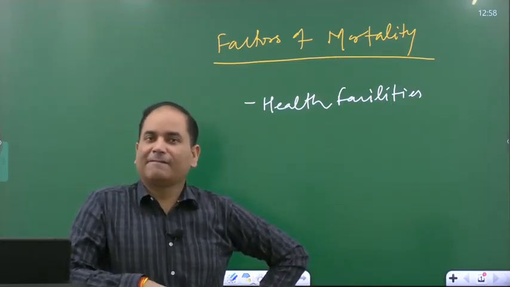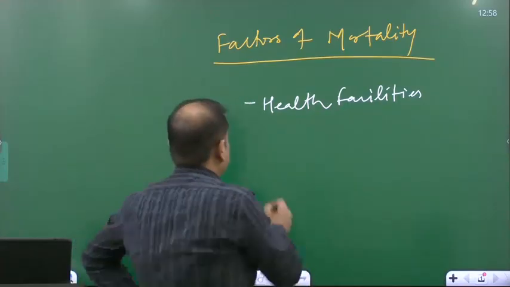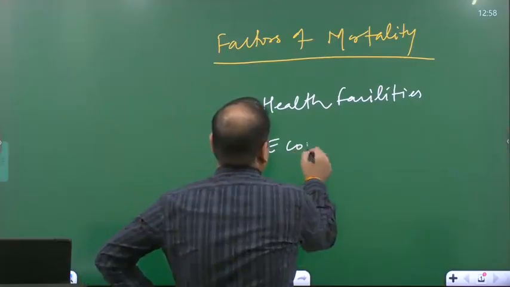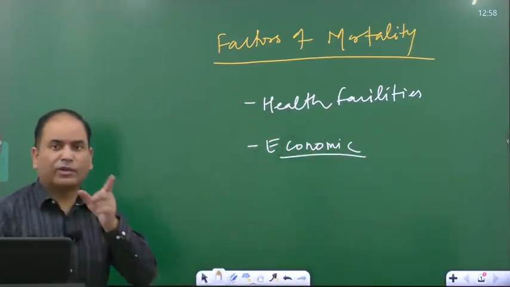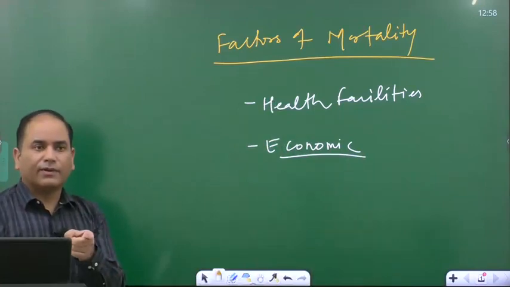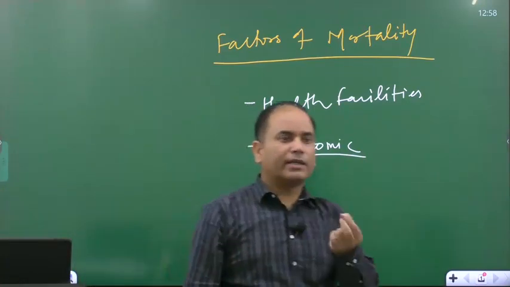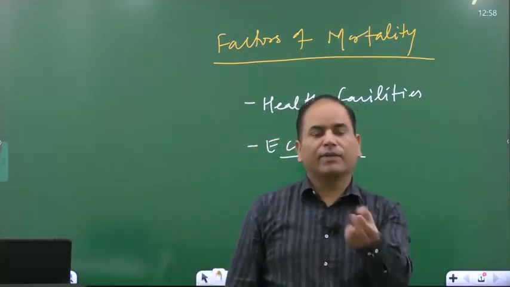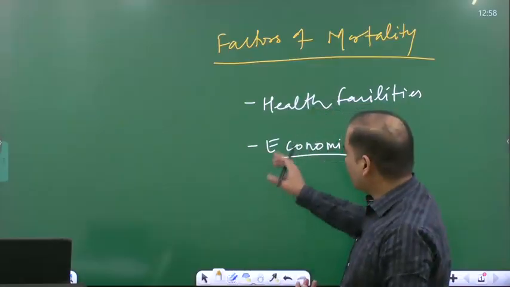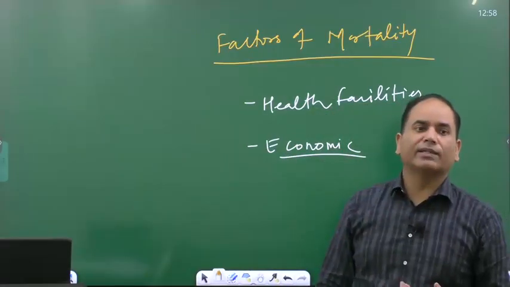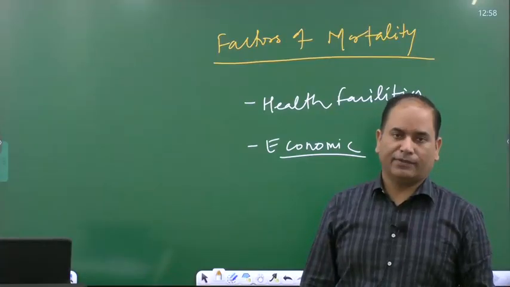Any other thing that you think of? Food and so yes, you can say economic. You will always find that the mortality is low in case of rich people as compared to poor people, be it related to child mortality or be it related to the normal death rate, because they are having more accessibility of healthcare facilities, they are having more accessibility of food items.